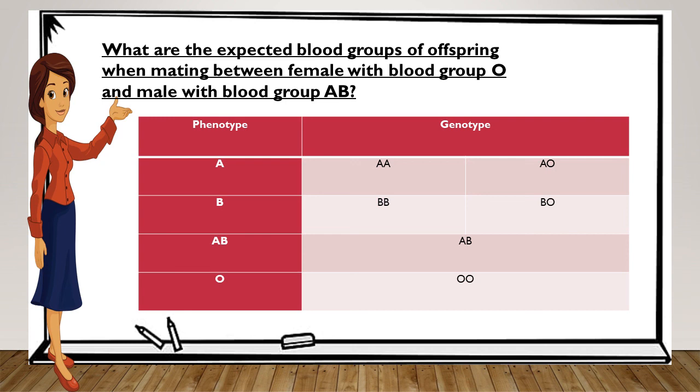There is a case of lack of dominance between gene A and gene B. The blood group O, its genotype is OO, as blood group O is recessive and the O is a recessive gene. And we said before that the recessive character or the recessive trait is always pure. So the blood group O has a genotype OO.